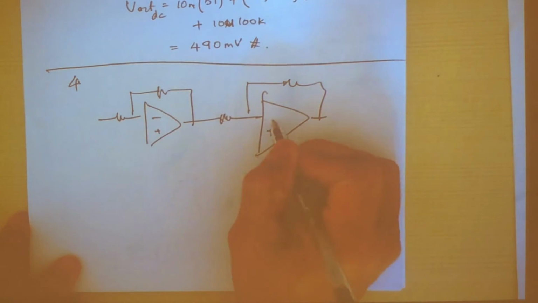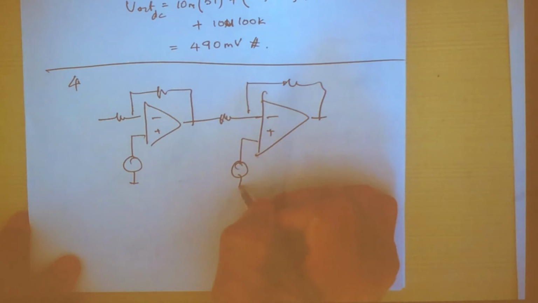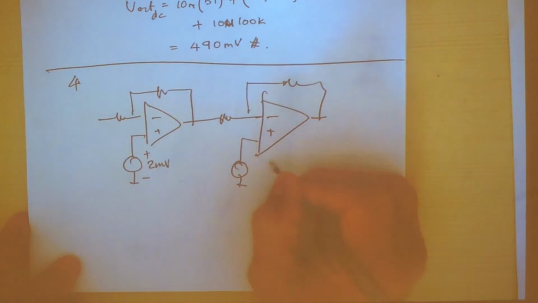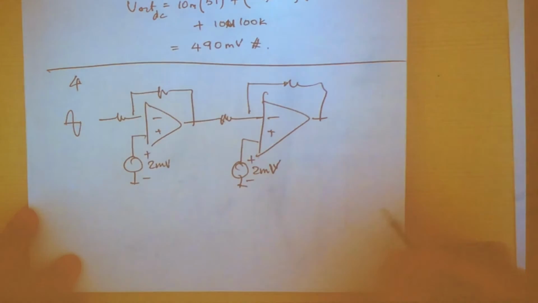But this time, there's something different: we put in an offset for both of them, and each offset is plus or minus 2 millivolt.